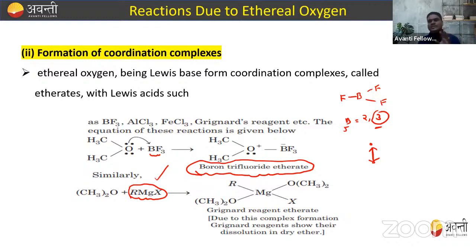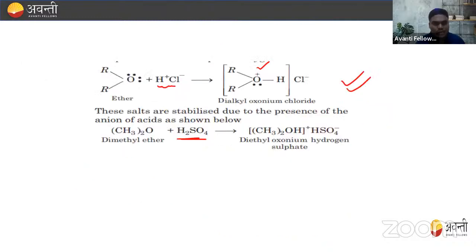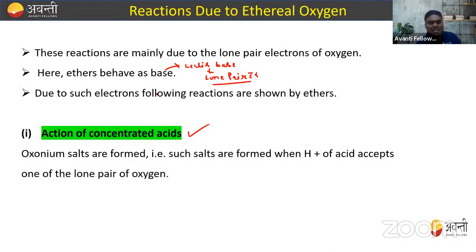Whenever the ether oxygen, having a lone pair of electrons, makes a salt, it is always known as an etherate. We have already discussed here that the reactions are mainly due to the lone pair of electrons of the oxygen. Here ether behaves as a base.